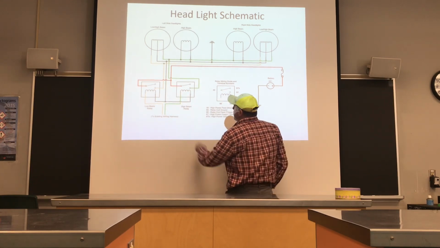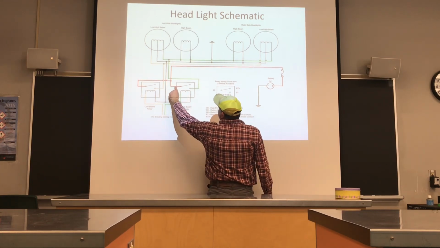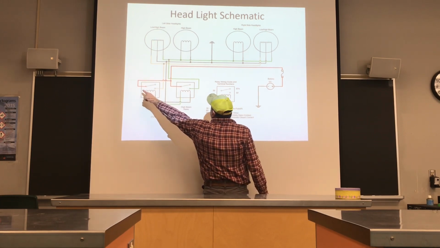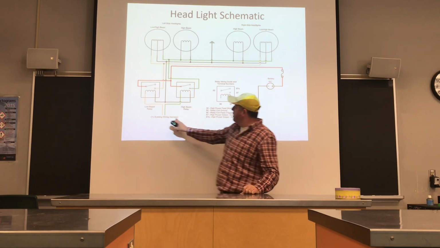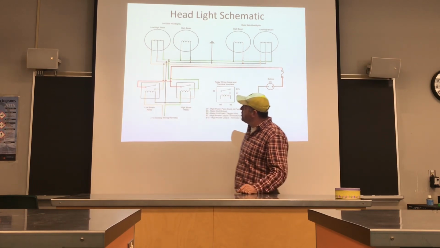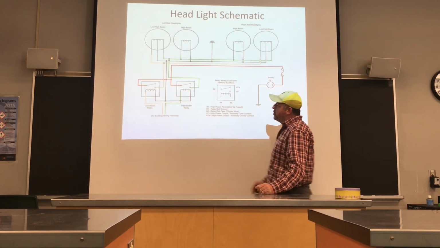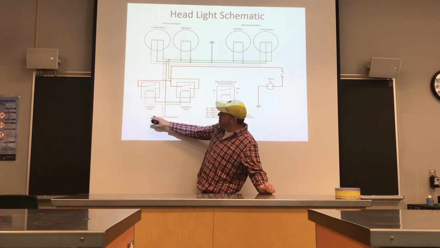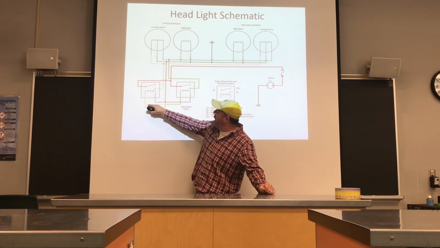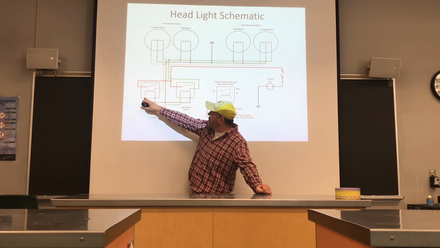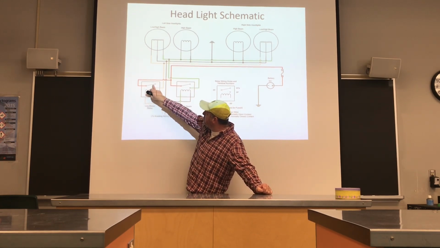And we basically have power sitting at pin 30 on both, ready to go, depending on which switch we use. As soon as we use, for example, our low beam, we hit the low beam switch, we provide power to the control side of the coil.